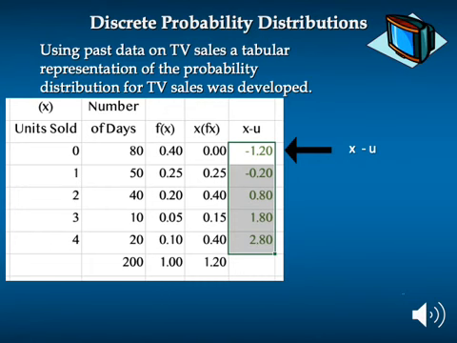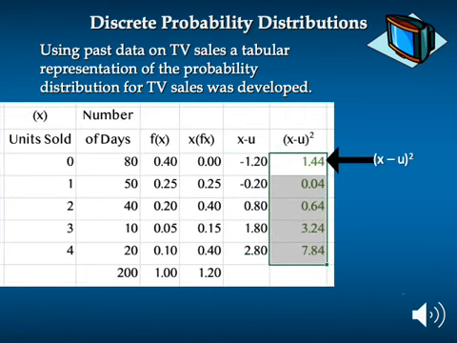The column after that is x minus u squared. Well, that's easy enough. We're going to take negative 1.2 times itself, the square, and we're going to get 1.44. Similarly, when we take negative 0.2 and we square that, we get 0.04, and so on down that list.